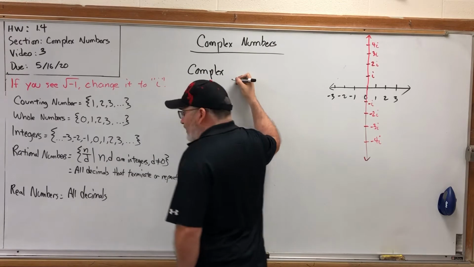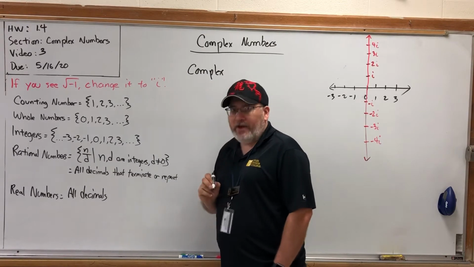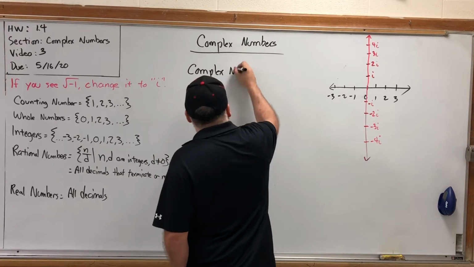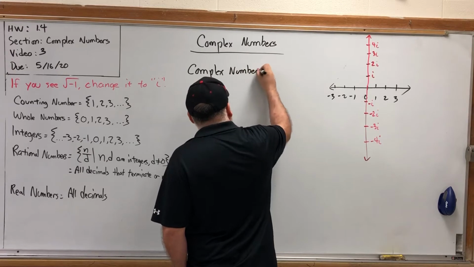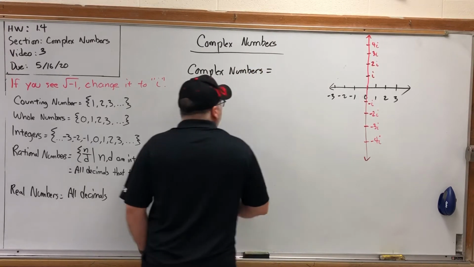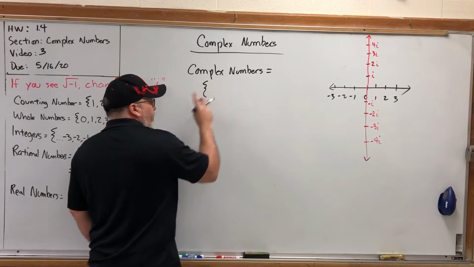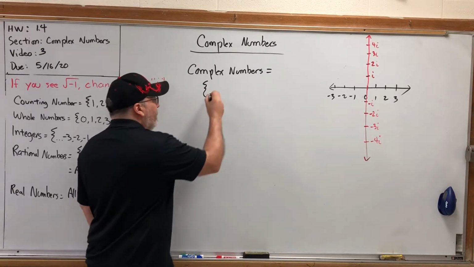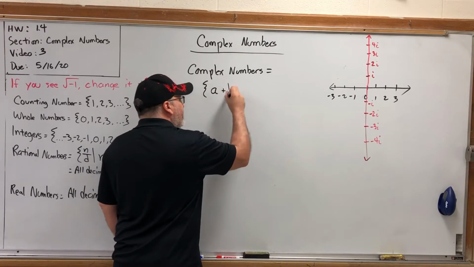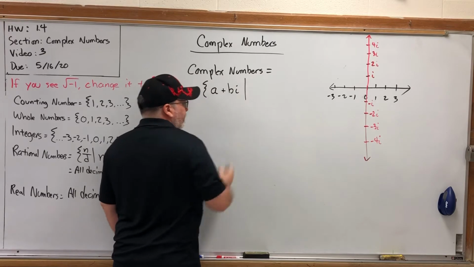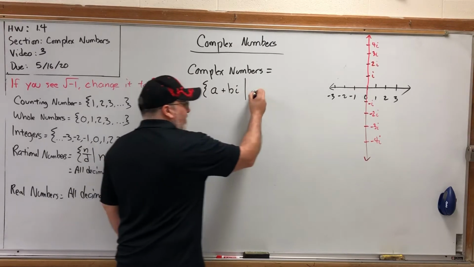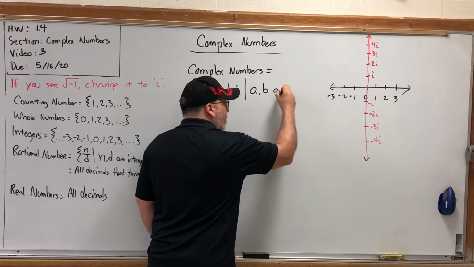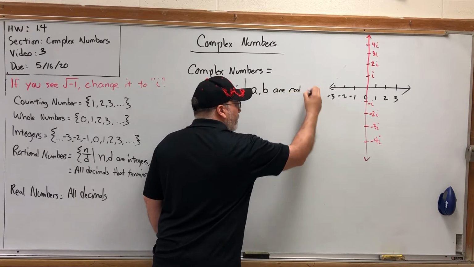Well, like the rational numbers, I can't list them all, but I can describe them. The complex numbers are the set of all numbers that look like this: a plus bi, where a and b are real numbers.